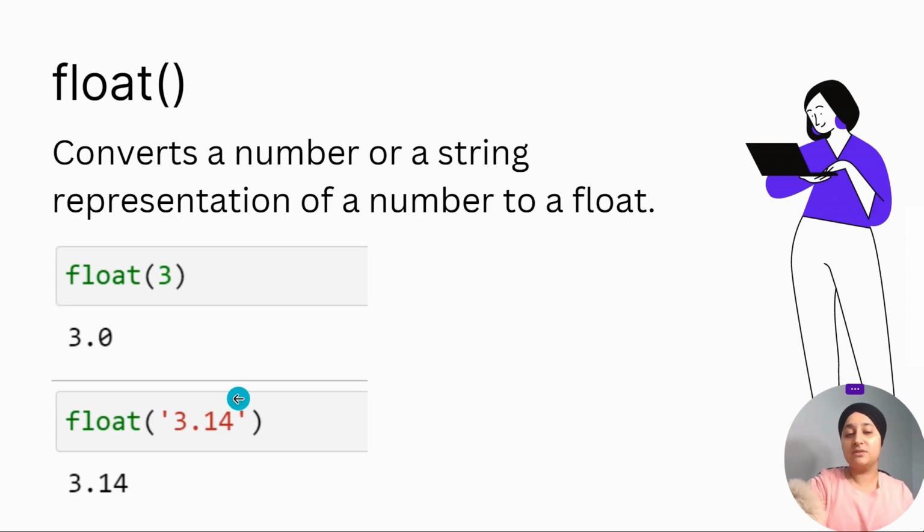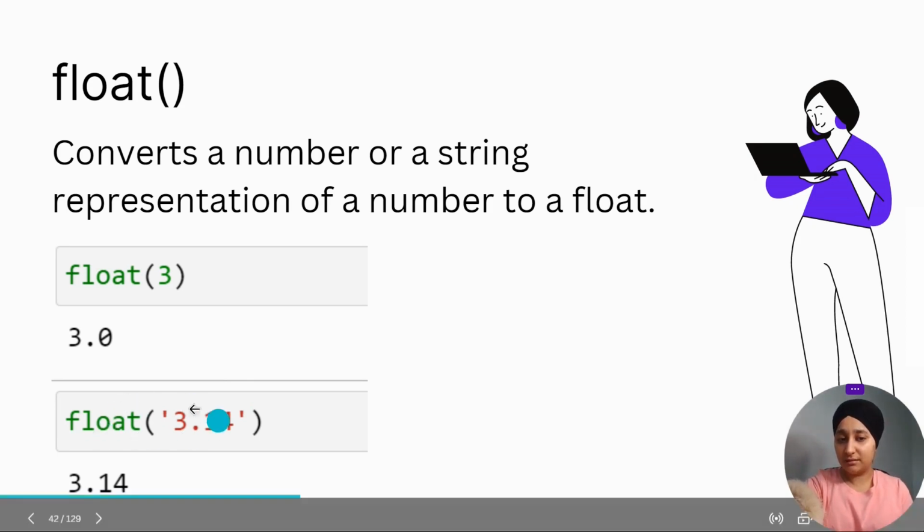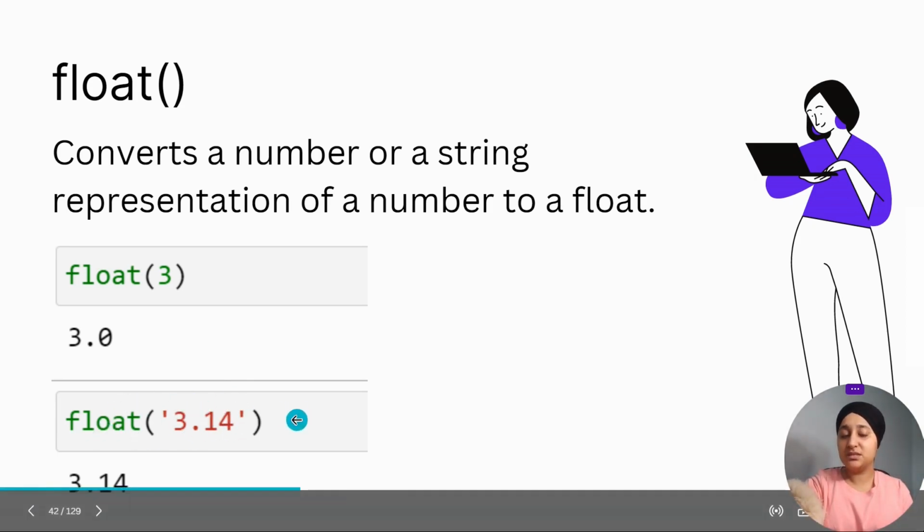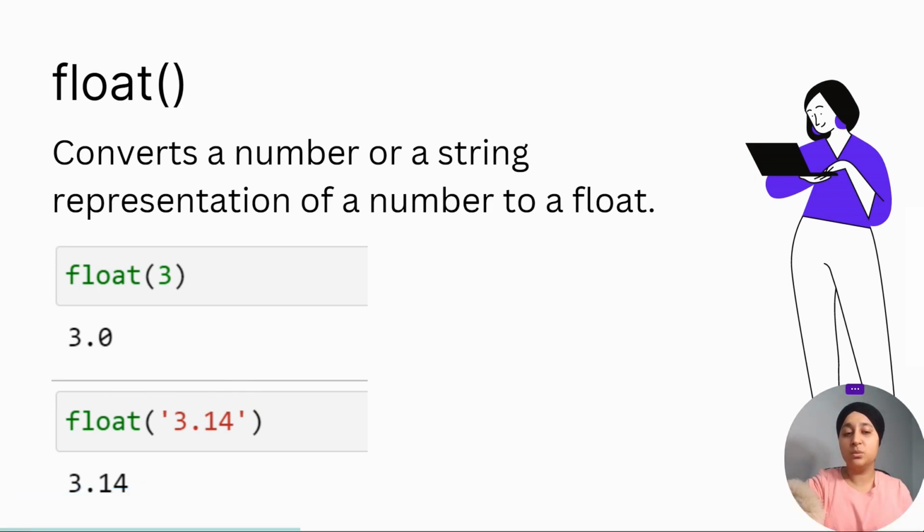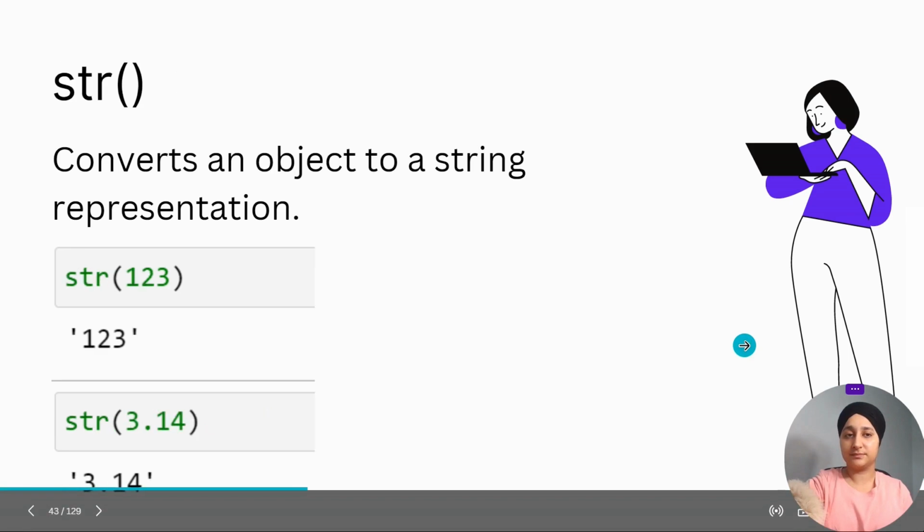In this case we are passing a string, and again it is converting that string. Although it is a number, it is enclosed in single quotes, so that is why it became a string. So we are converting this string to float using the float method.